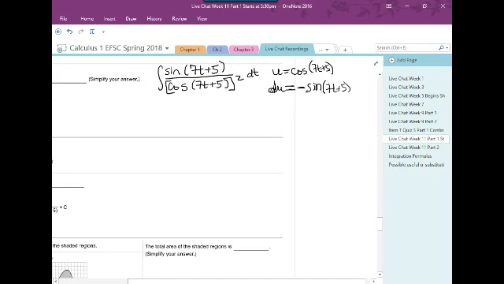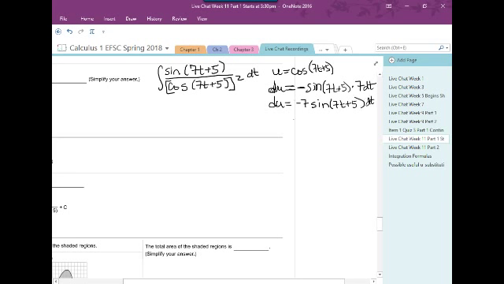So we have negative sine of 7t plus 5 times the derivative of 7t plus 5, which is just 7. Oh, and I forgot my dt here. So that means du is negative 7 sine of 7t plus 5 dt.